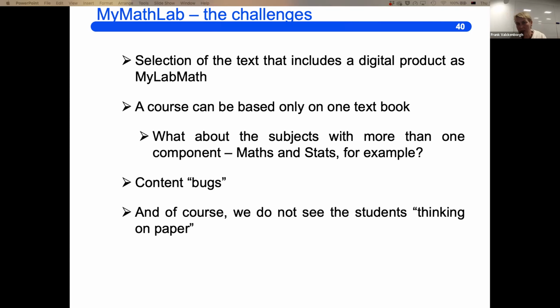A course can be based on only one textbook, but often in first year we have subjects with more than one component, not only mathematics, like maths and stats. I was in this situation. My maths book was the course text, and then we had to get questions from other texts, but it was a limited number of questions which you can take from different texts.